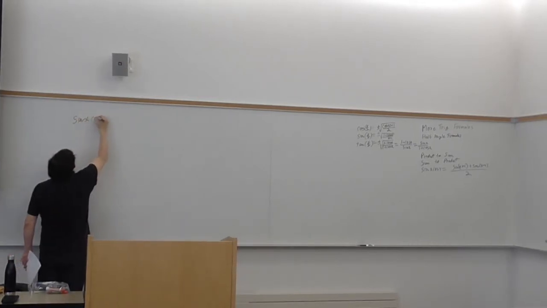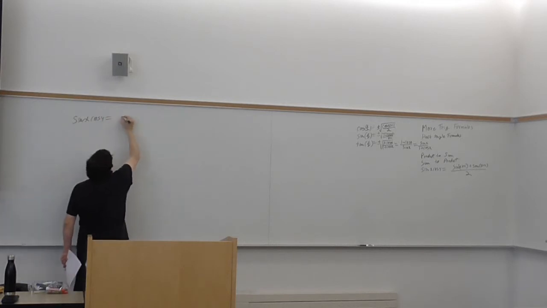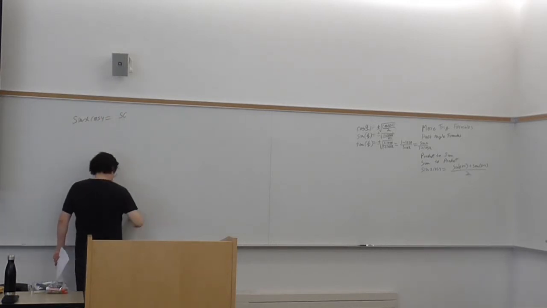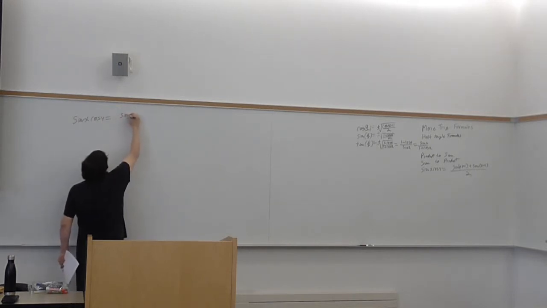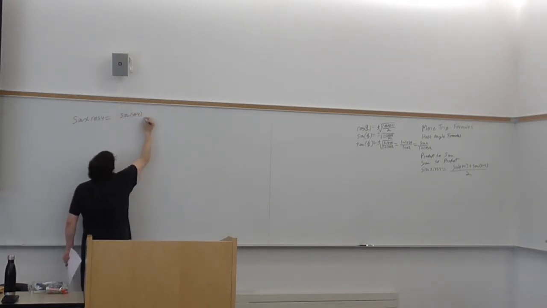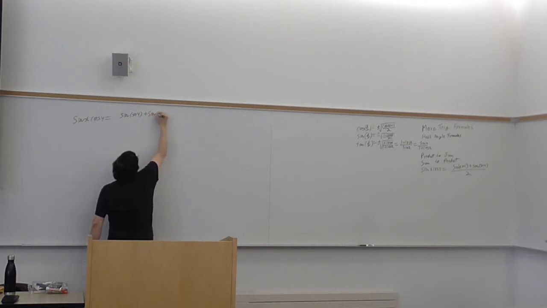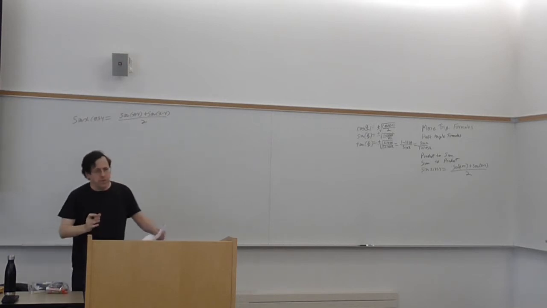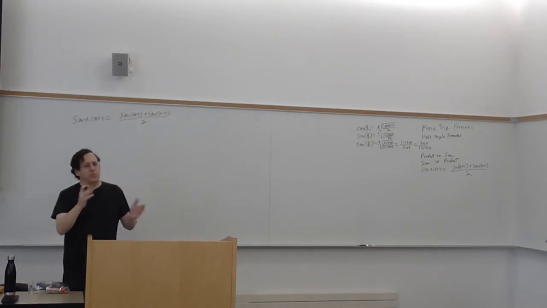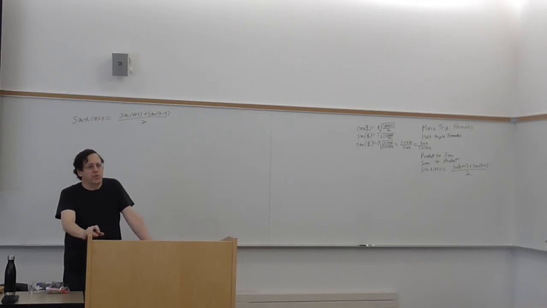Sine of x cosine y equals sine of x plus y plus sine of x minus y over 2. To convert this to a sum to product formula, we're just going to do a very simple algebraic substitution here.